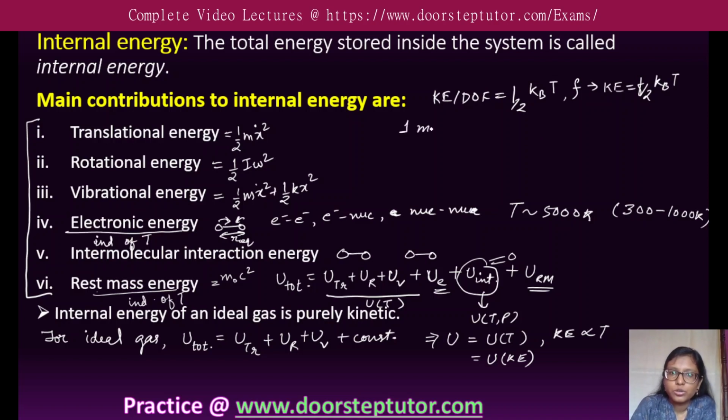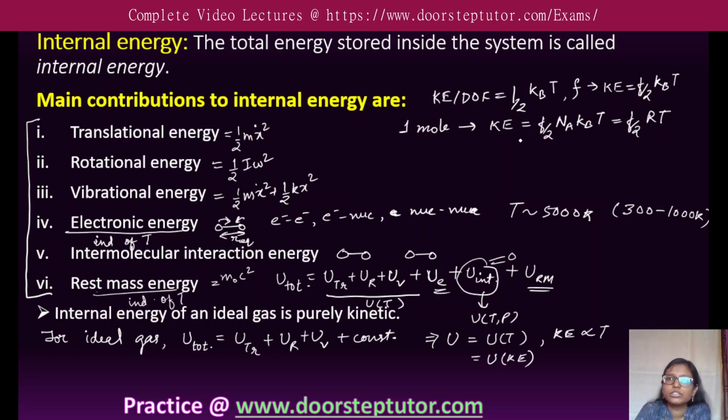For 1 mole of gas, kinetic energy will be equal to Na kBT, because 1 mole of gas will contain Avogadro's number of molecules. So this is equal to f by 2 RT, right? So this is the relation between energy and degrees of freedom.